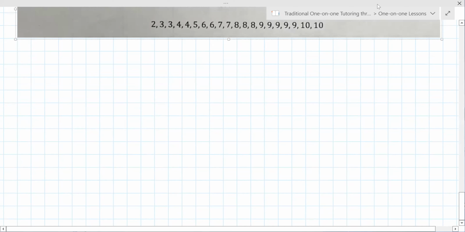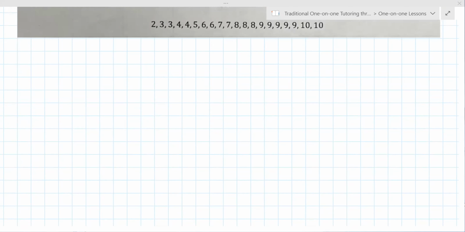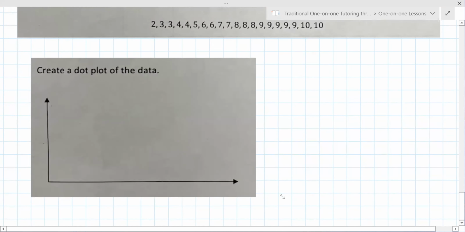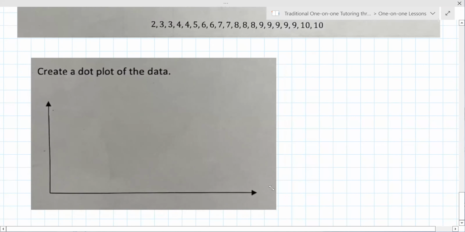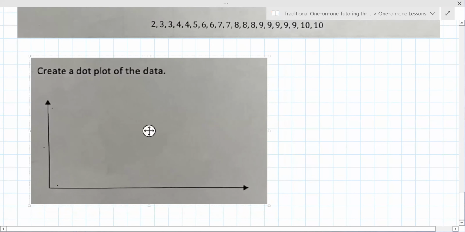One of the first things you can do as a statistician or a person interested in this data is just graph it. You're wondering if it looks like something, maybe you notice something. So I'm going to carefully mark 2, 3, 4, 5, 6, 7, 8, 9, 10.